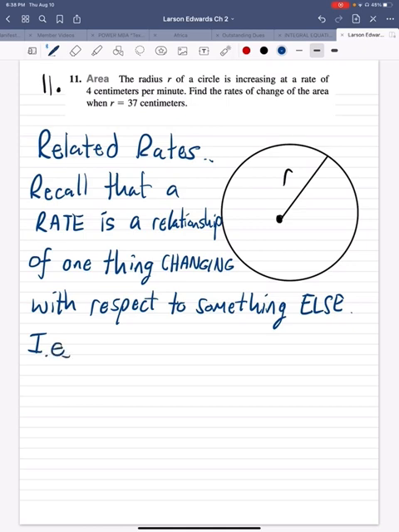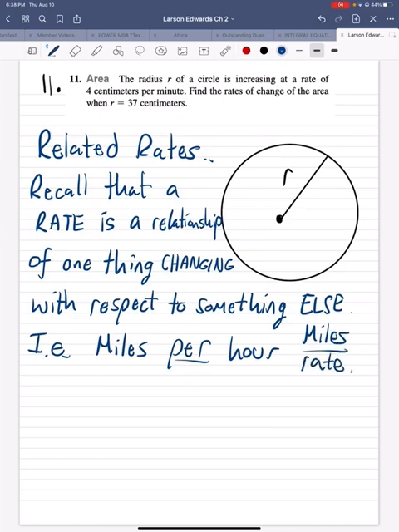For instance, your car has miles per hour. So it's how many miles you're going per a given hour. As hours go by, you've gone a certain amount of miles. Miles have increased and time has elapsed. So miles per hour is a rate. Oh, sorry, I meant to say miles per hour.